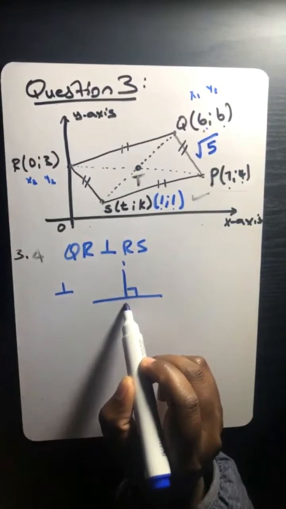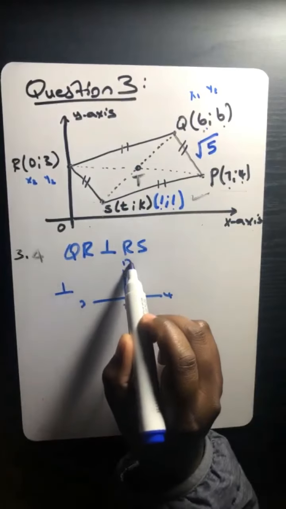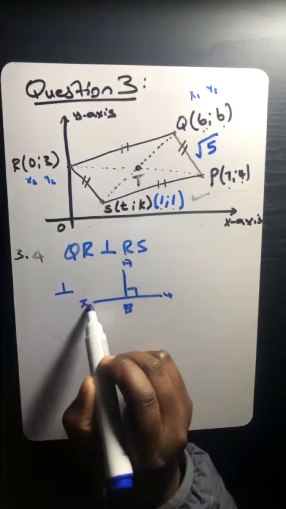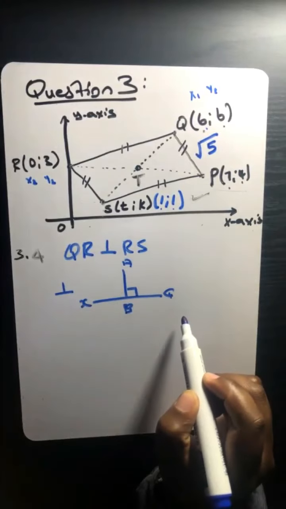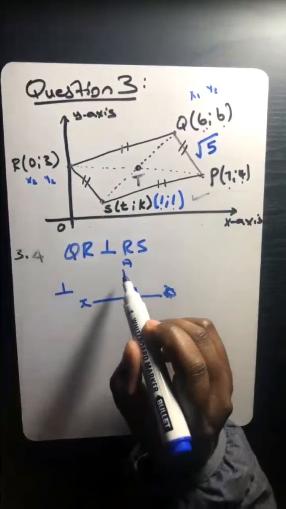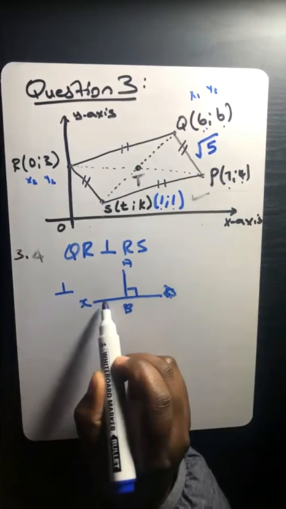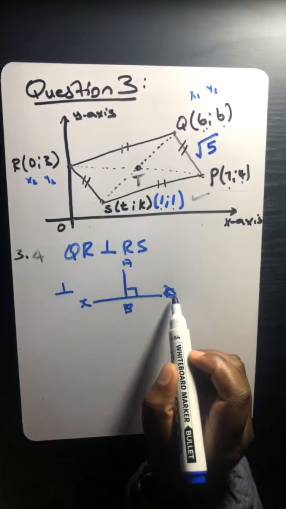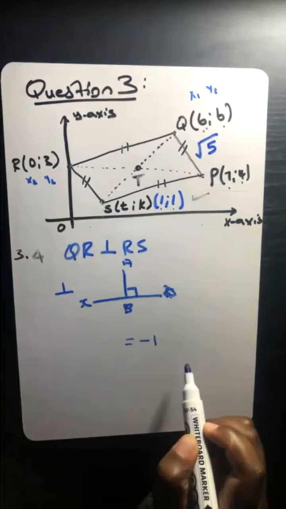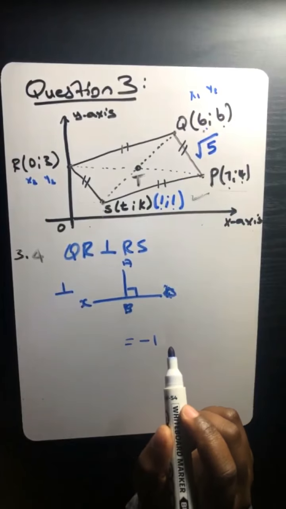That's if line 1 to 2 and 3 to 4, or maybe let me say line AB and line CD. What you need to know is that when you multiply the gradient of that line and the gradient of that line, it must be equal to -1. That is how you prove if two lines are perpendicular to each other.